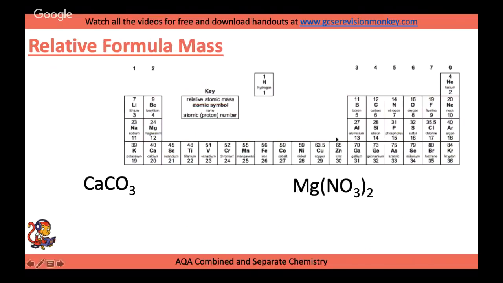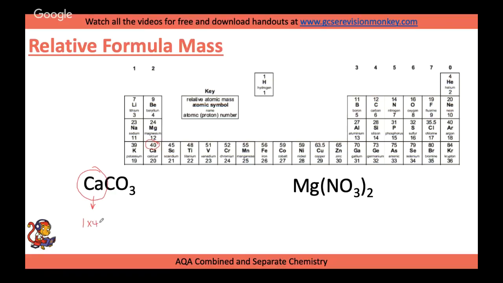Right, the next one is relative formula mass. Really common. They gave you in the exam last time a really tricky one last year, but this is the basics of it. You have to count how many atoms there are in each compound. So calcium here, there's 1 of them, and its mass is 40.